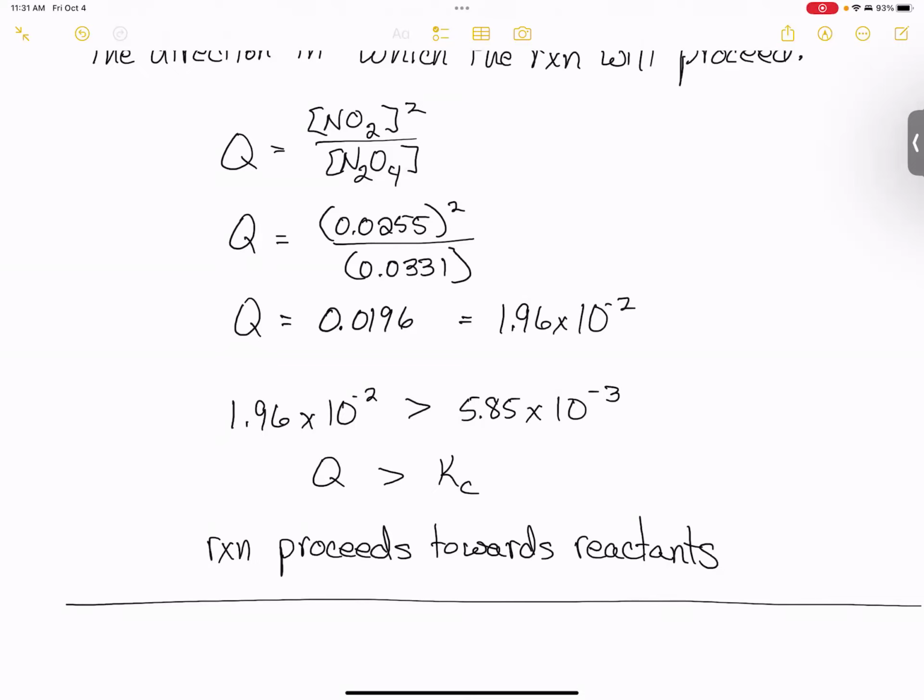Your main goal has been to figure out what K is equal to. And then finally, we talked about Q versus K.